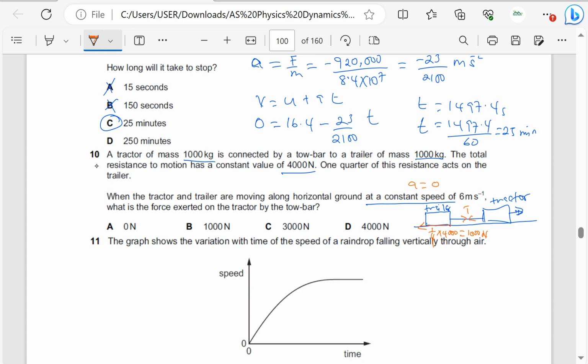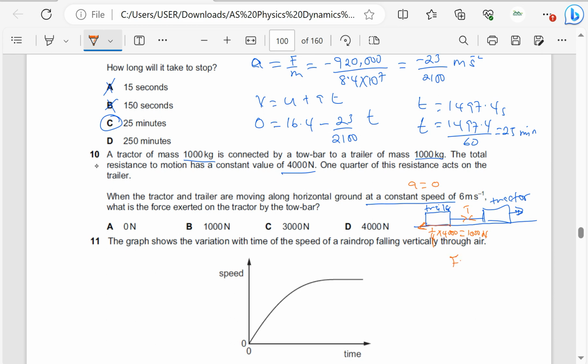When the tractor and the trailer are moving along a horizontal ground at a constant speed of 6 meters per second, what is the force exerted on the tractor by the tow bar? Since the resistive force on the trailer is 1,000 and the acceleration is 0, the only forces acting are tension and the resistive force.